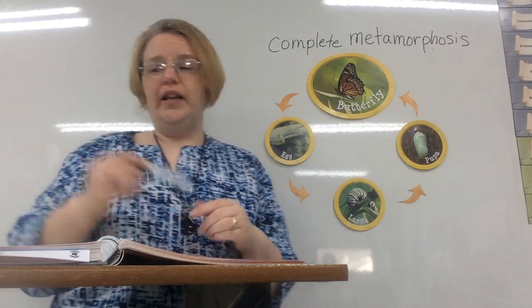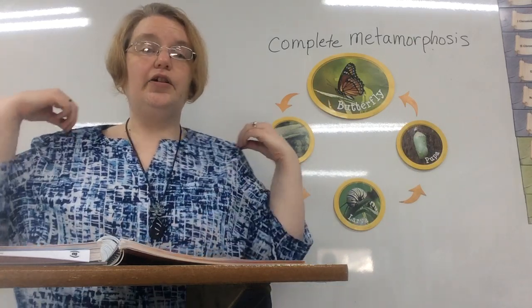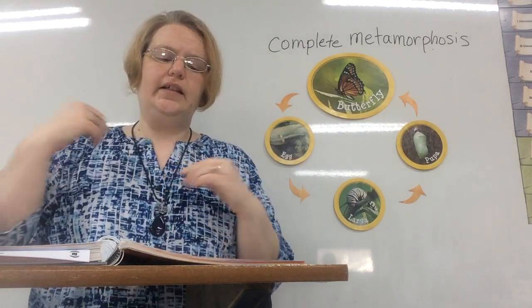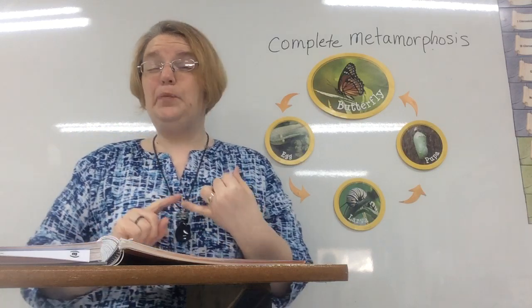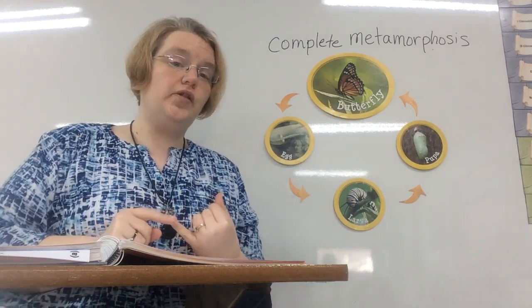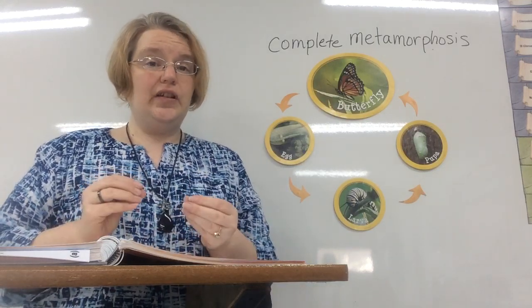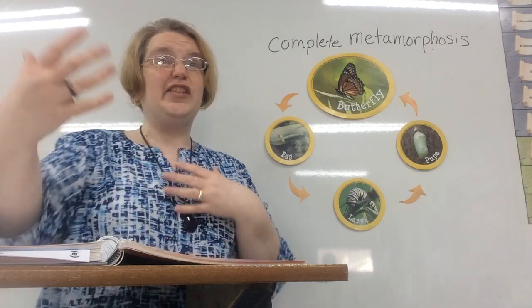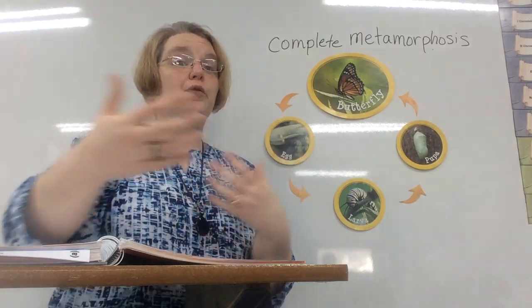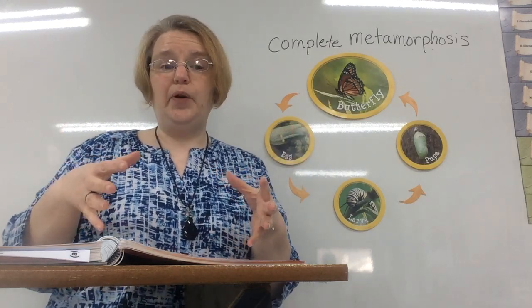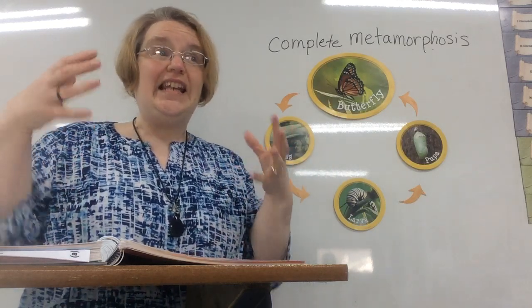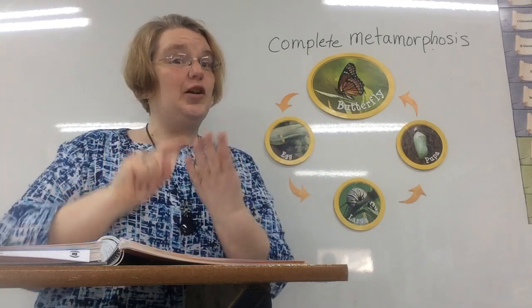Okay, so we're going to go on in our lesson today learning more about insects. And I mentioned that these insects, for instance, bees, are what we call social insects. Now a social insect, you think somebody that is social likes to be around people or likes to be in a group. Well, these insects are the same way. They need to be in a group in order to get their basic needs.